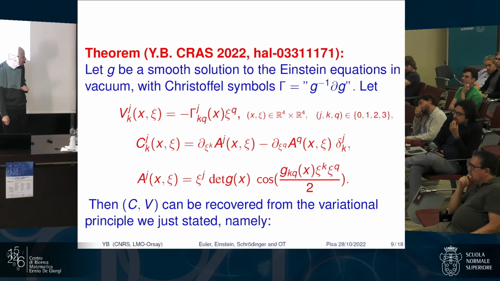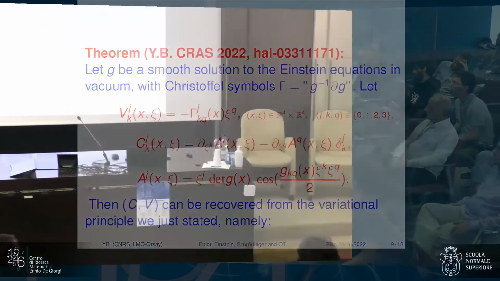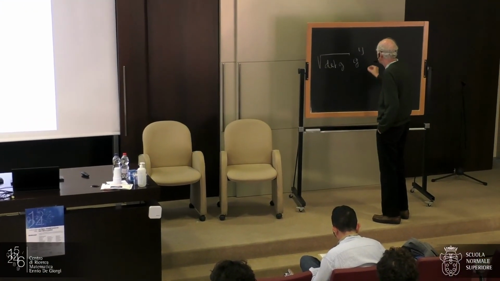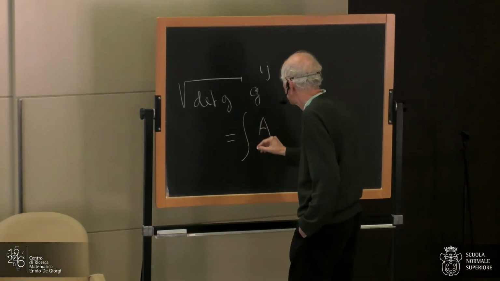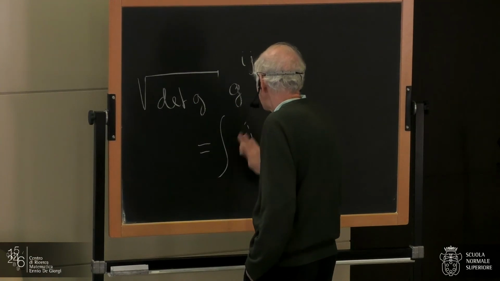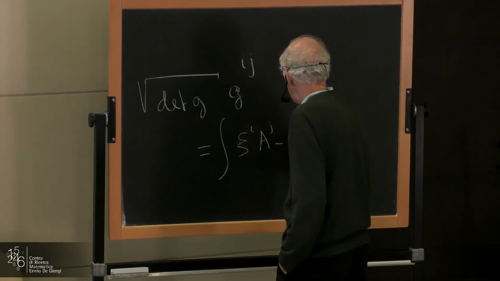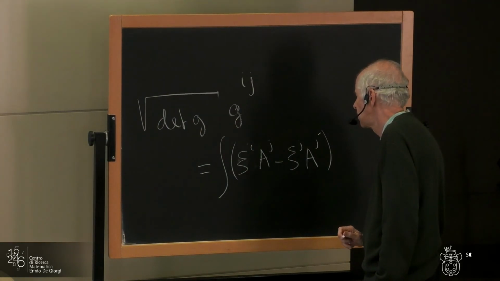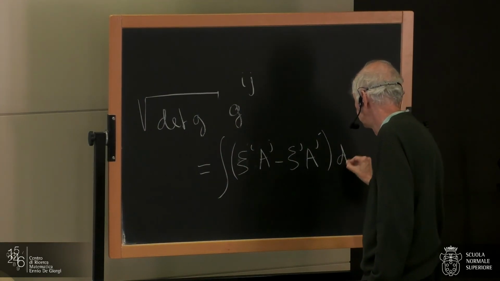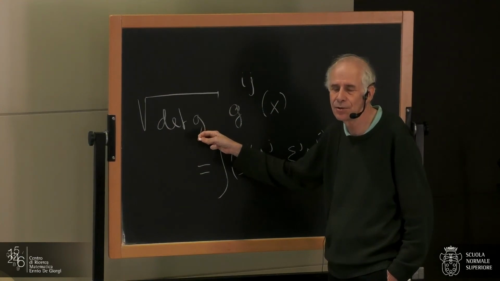The formula is like this: the determinant of G times the inverse metric Gij is given by the integral of xi_i A_j minus xi_j A_i, dxi. So it's a function of x only. This doesn't see the tangent variable.